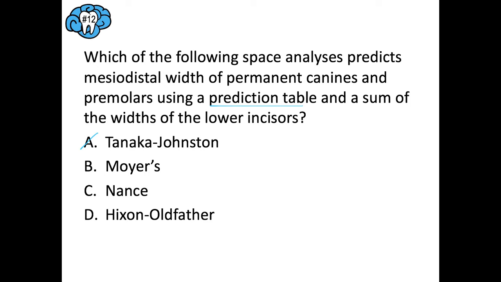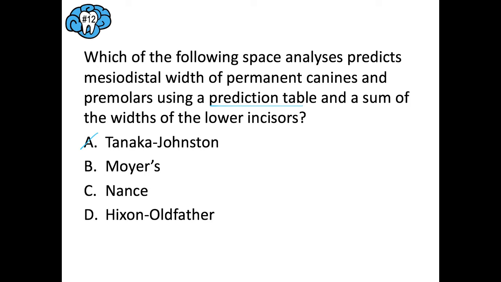Nance and Hickson-Oldfather, they might pop up on the exam. They're older methods, not really used today anymore, and they used to involve measuring the lower incisors on the cast. You also evaluate periapical radiographs for part of your estimation, and you might use a prediction table as well.